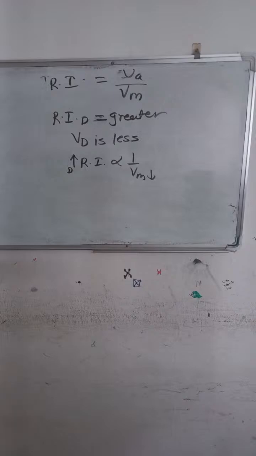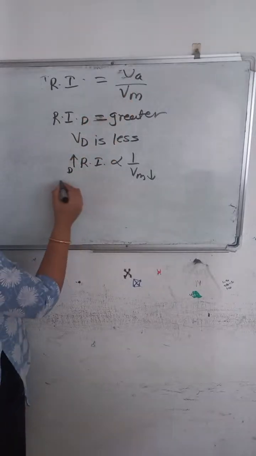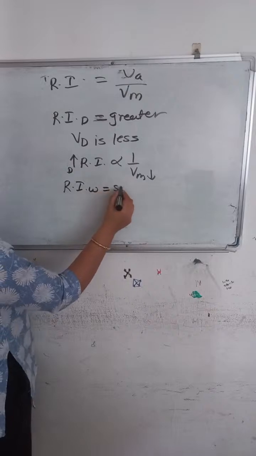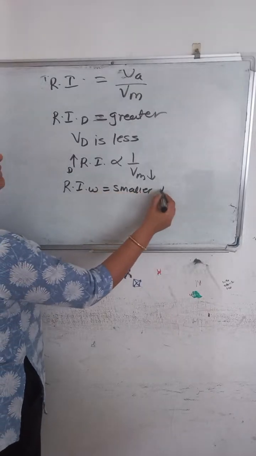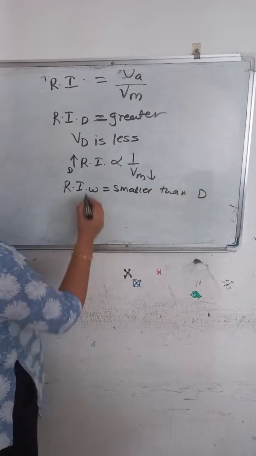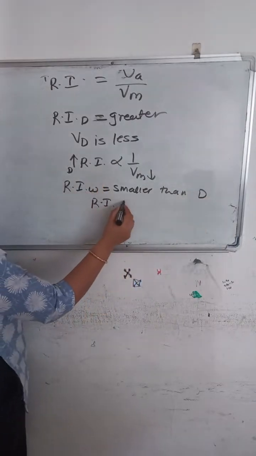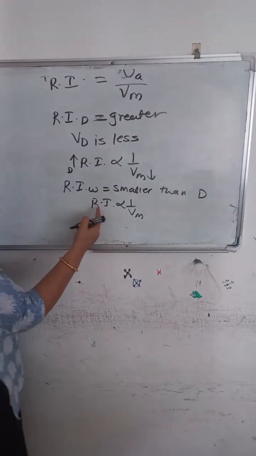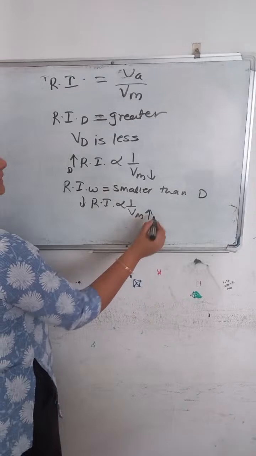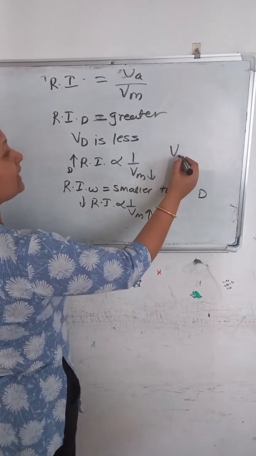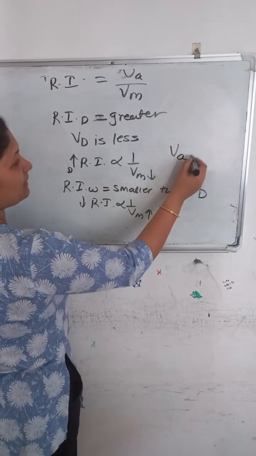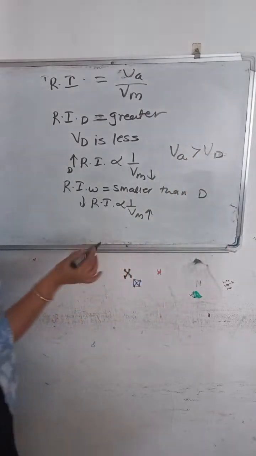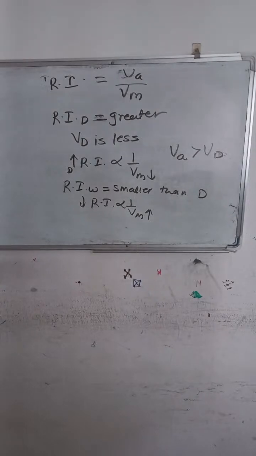The refractive index of water is smaller than the diamond. As I told you, refractive index is inversely proportional to the speed of light in the medium. So the lower the refractive index, the more the speed. So we can say that the velocity in water is greater than the velocity of light in the diamond. So this is the answer of the first bit.